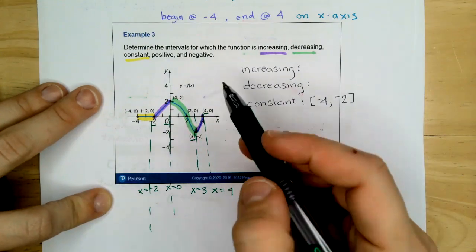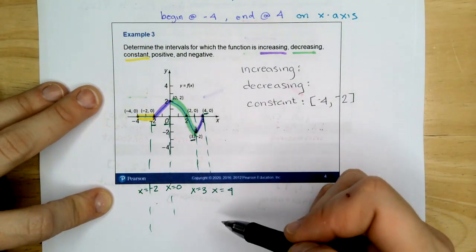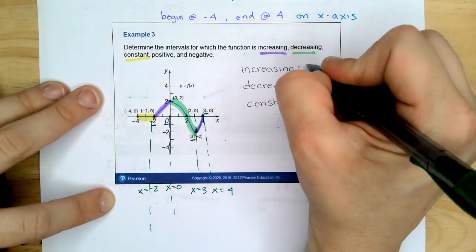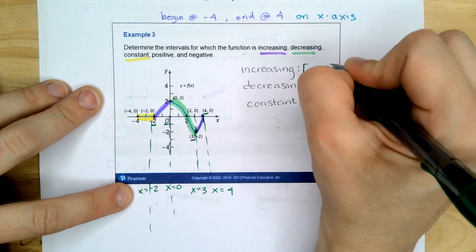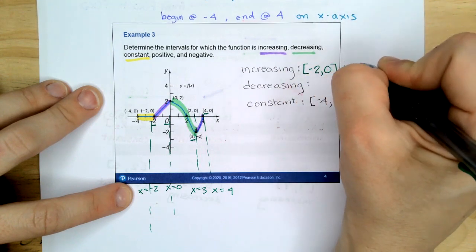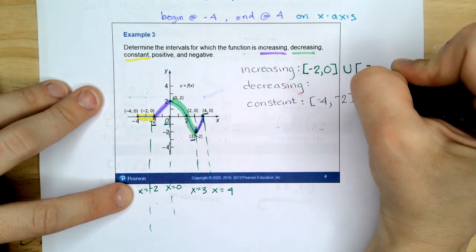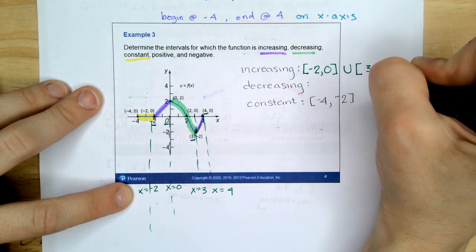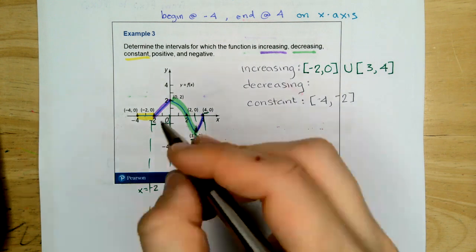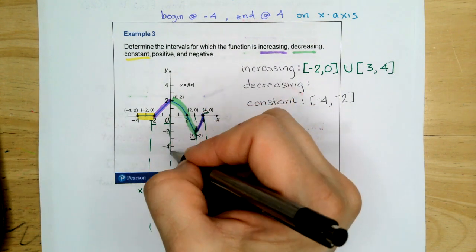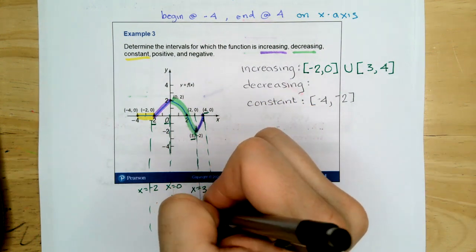Oh, sorry, you couldn't see that. And then from x equals 3 to x equals 4, it's also increasing. From -2 to 0 and from 3 to 4. Okay, they might ask you for a comma, they might ask you for union, the U symbol. All right, decreasing. Where is it going down? Oh, that's only 1, 2. So it's decreasing from 0 to 3.